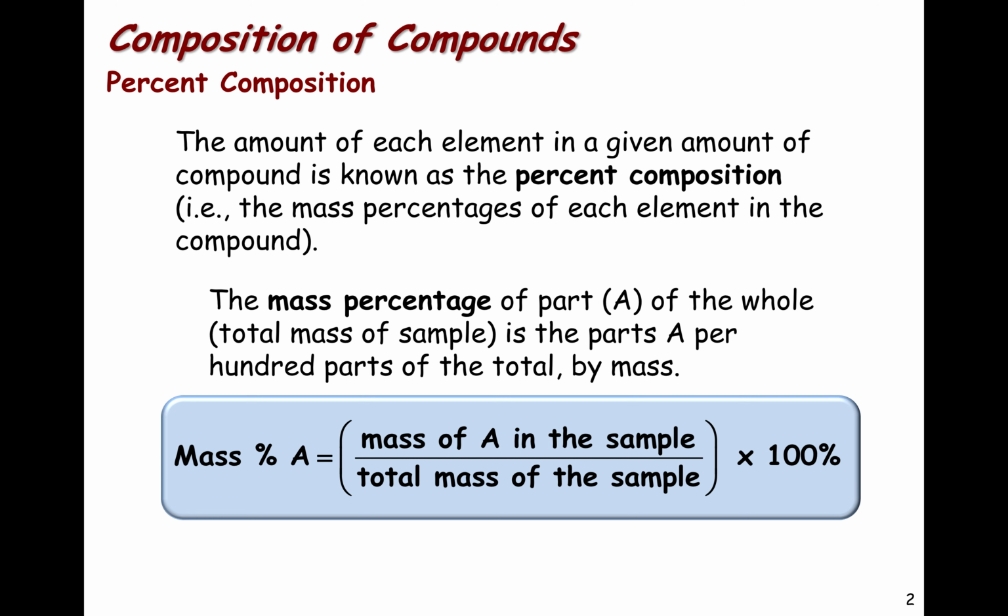Or alternatively, it could be the mass of a portion of the sample divided by the total mass of the sample. We then multiply by 100 to get the fraction to become a percentage.